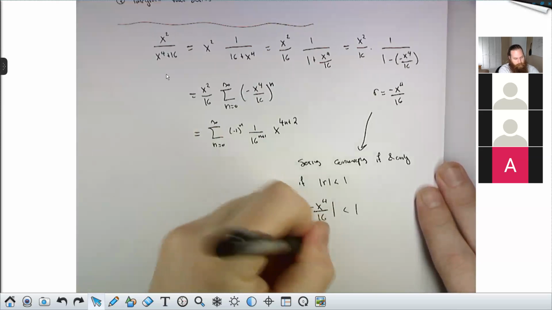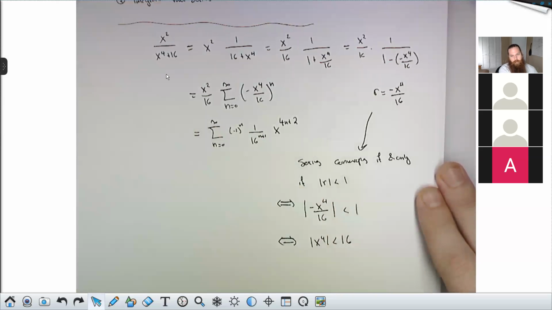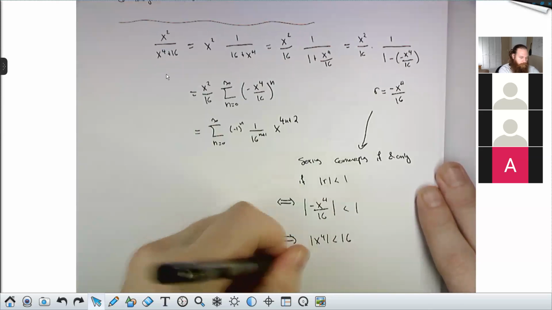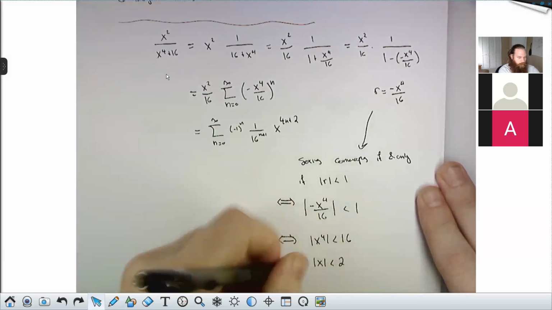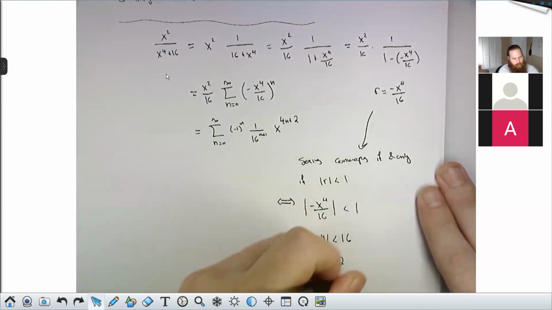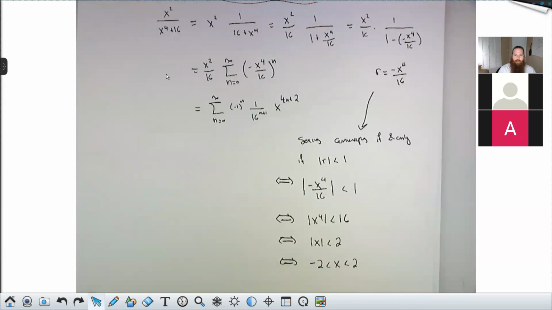I'm going to skip a few steps here because we have to go quick. And then the fourth root of 16 is 2. And you could test the endpoints.